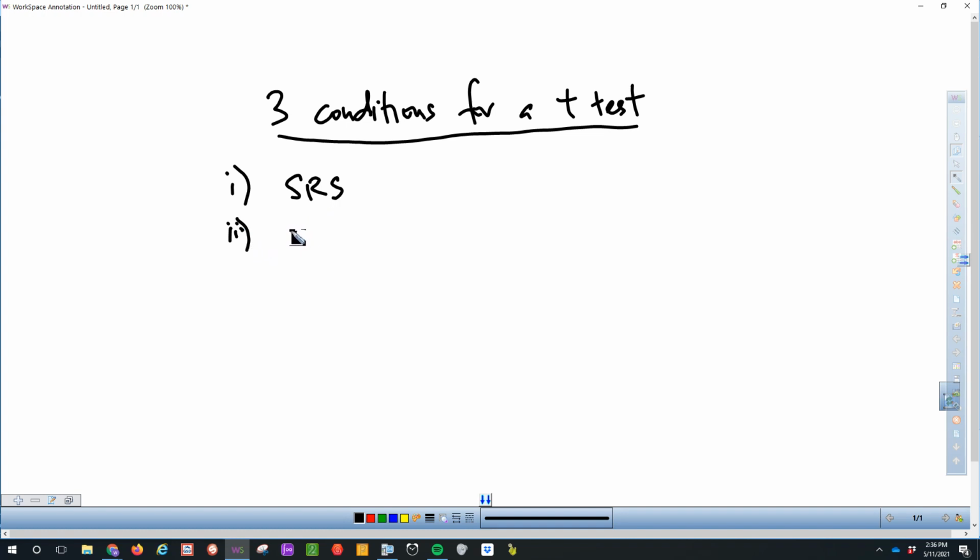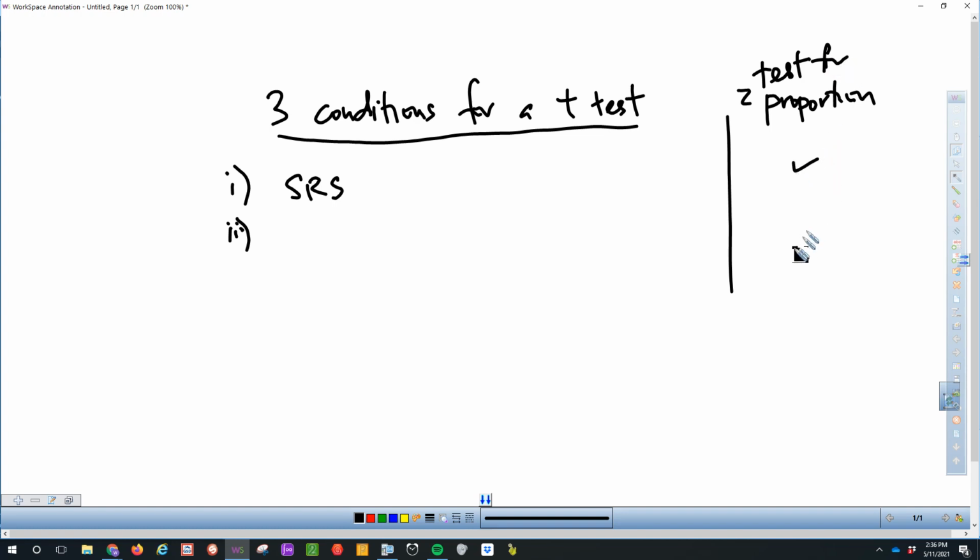Now, remember, for proportion, it's not as sensitive here. For proportion, there are three conditions for a z-test.